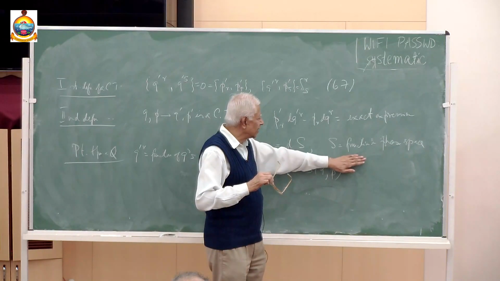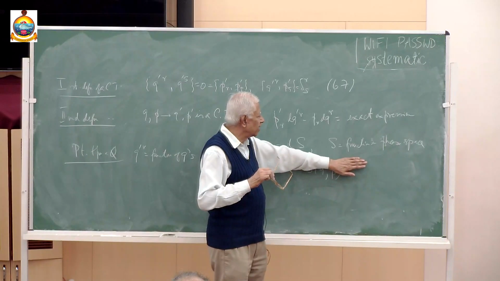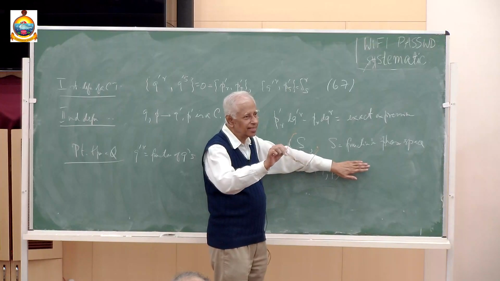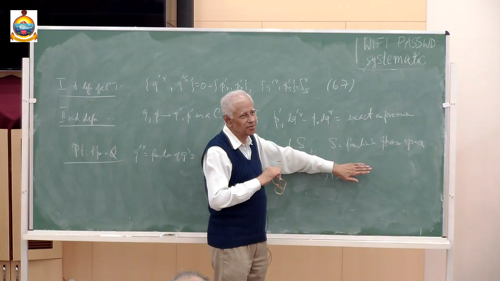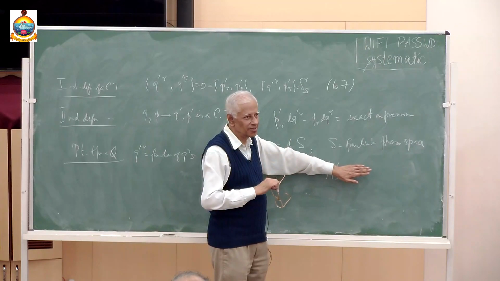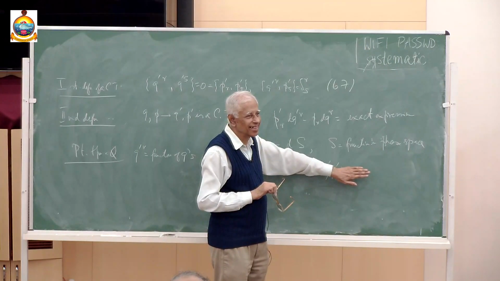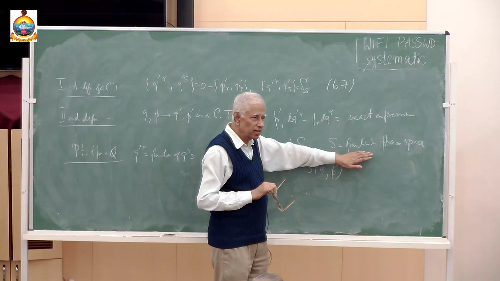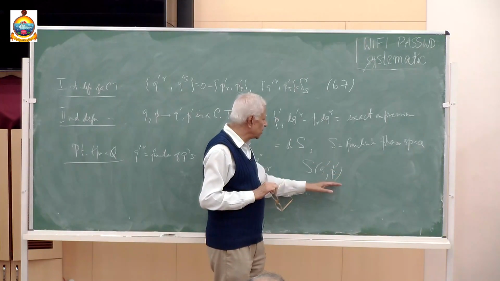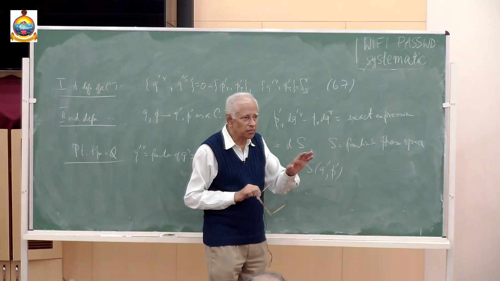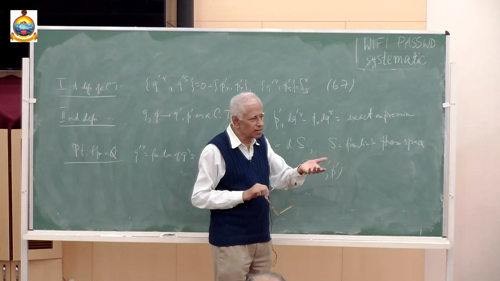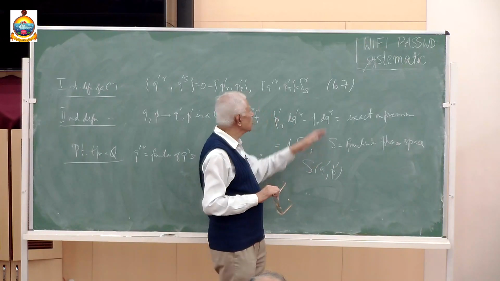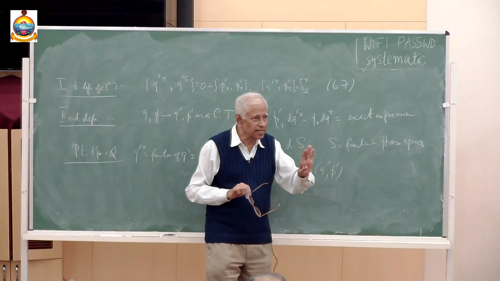At the definition level, I have not said how this function S should be written. You are anticipating what I am now going to do. If I imagine that S, being a function on phase space, is written in terms of Q prime P prime or QP, which it certainly can, because those are valid systems of coordinates on phase space, you get back statement 1. That's what I said.